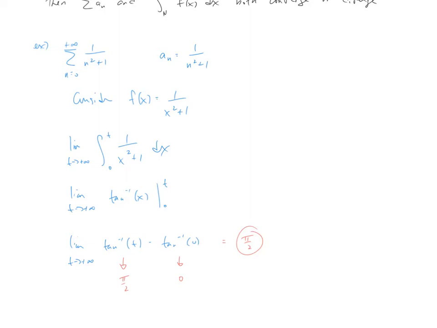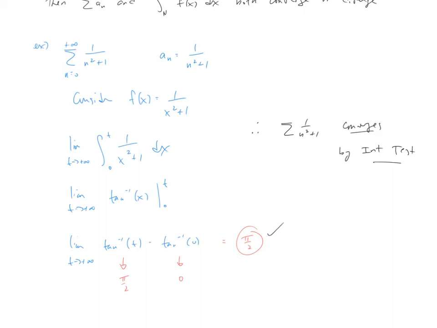So as a summary, therefore, the infinite series converges by the integral test. Since we hit a number here, the infinite series is going to converge by the integral test.